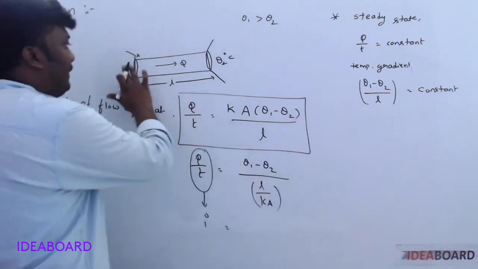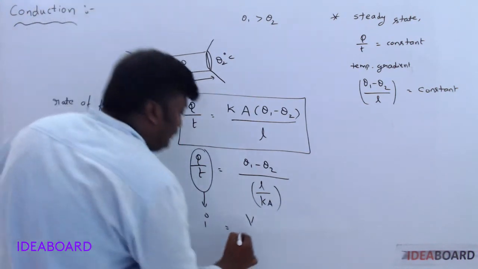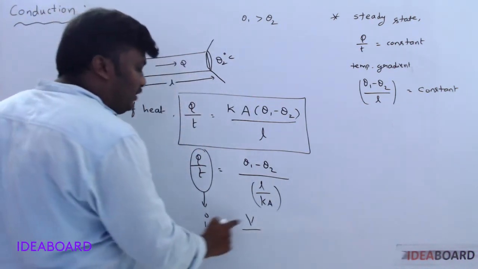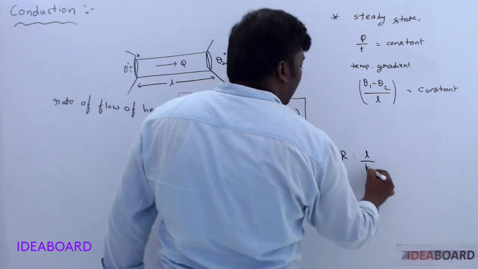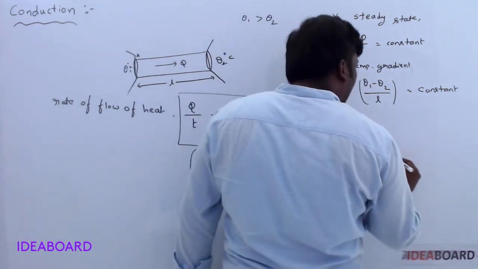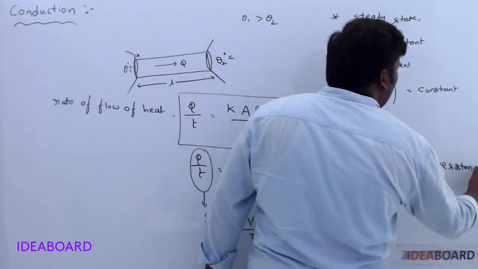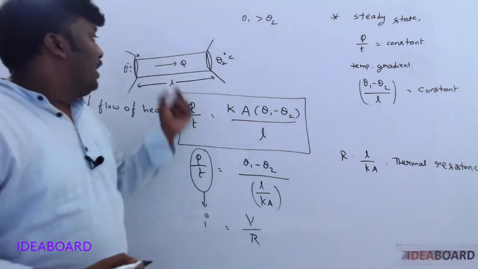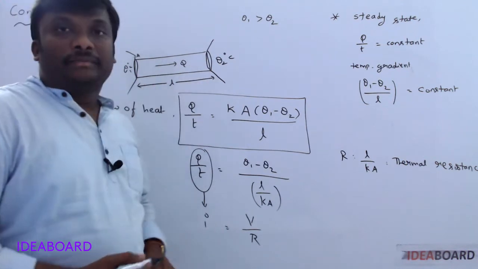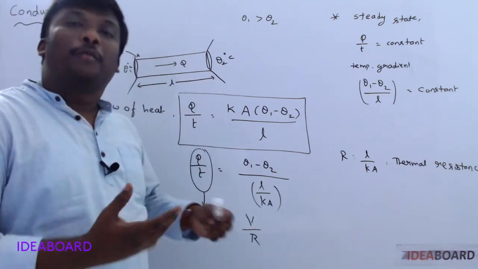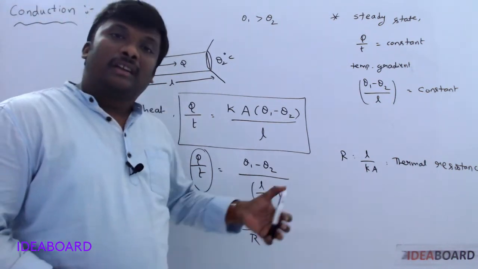Theta 1 minus theta 2, the temperature difference, is analogous to the potential difference. Then we know Ohm's law, I is equal to V by R. So here R is nothing but L by K A. This is called thermal resistance. Thermal resistance means the opposition offered by the molecules in the material of the rod. Resistance means opposition. The opposition offered by the molecules in the rod is called the thermal resistance.